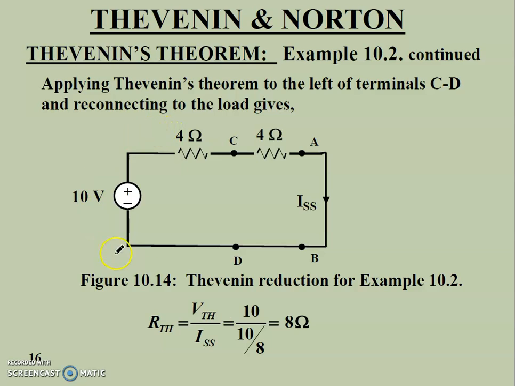The same network was there, so the VTH value is 10 volt, and the RTH value is 4 ohm, and this resistance is again 4 ohm, and this path will be ISS. So how can you calculate ISS?